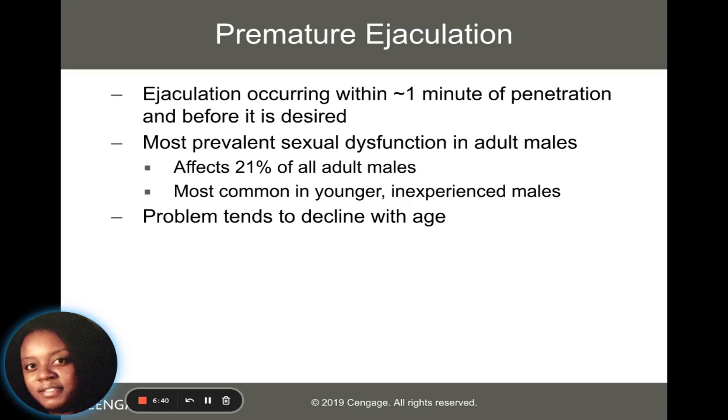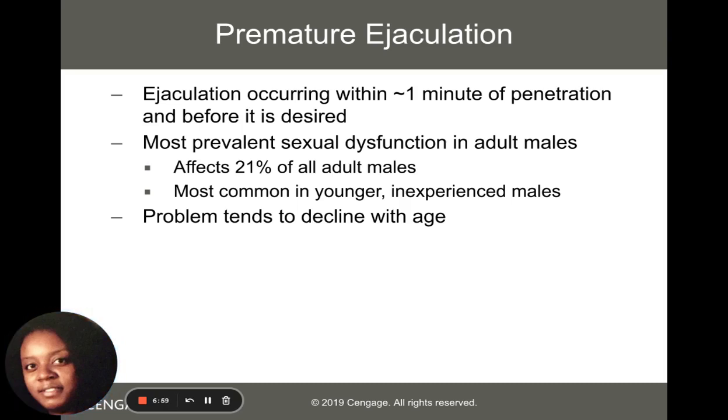Another common disorder, which is prominent in males, is premature ejaculation. This occurs when ejaculation occurs within 1 minute of penetration, before it's actually desired. This is the most prevalent sexual dysfunction that occurs in adult males.